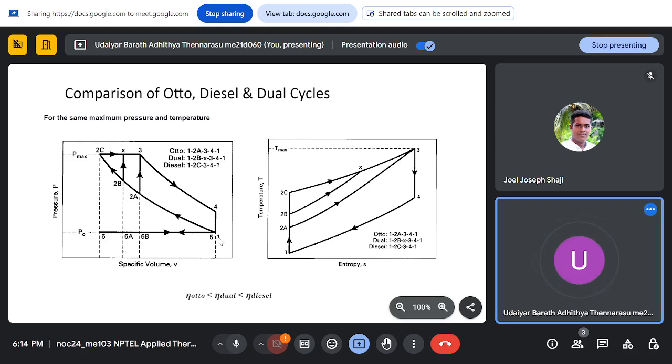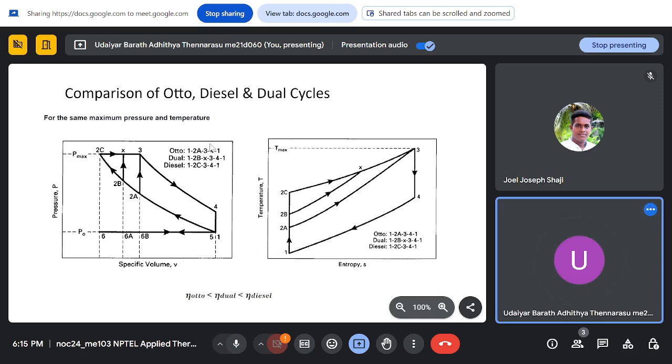In this case you have different compression ratios. So 1, 2A, 3 will be your Otto cycle, because your pressure is increasing at constant volume, so you cannot go anywhere closer.